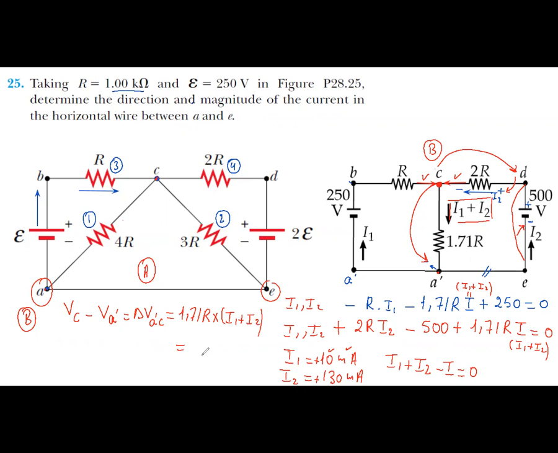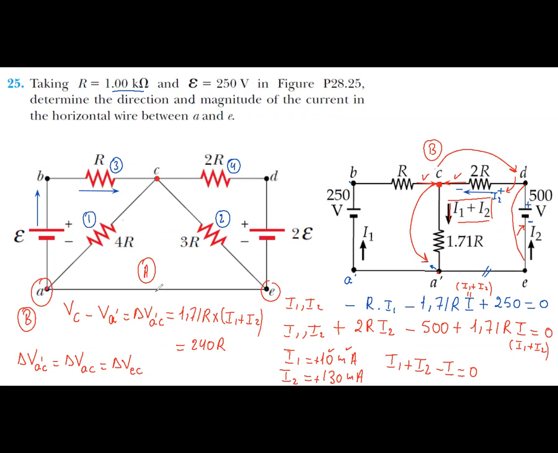We get here the value will be 240 R. This is the potential between these two points. So we have now the potential between C and A, also the potential between C and E. Delta V A prime C equals delta V AC equals delta V EC. It's the same.